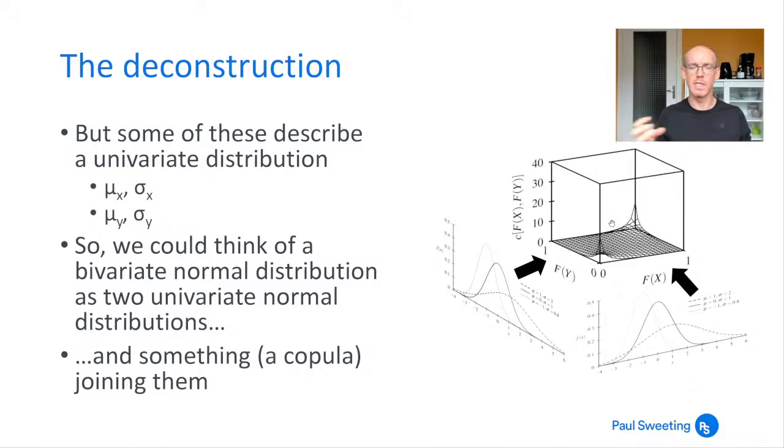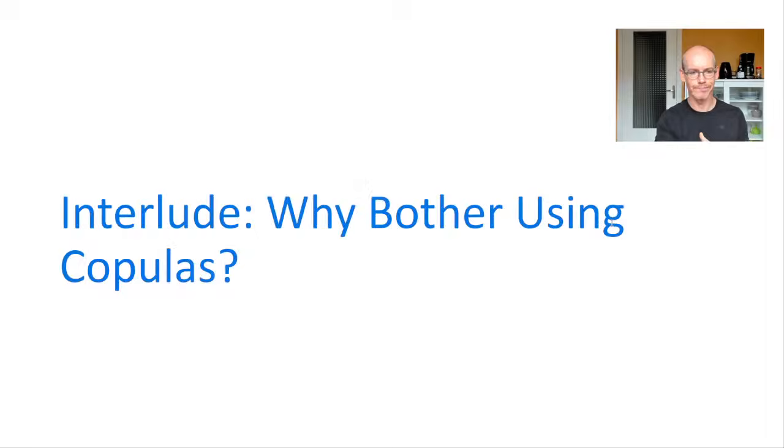So you can model them both independently, separately from this kind of joint distribution. Actually, you don't want to do that because the way they're linked is important. But you could think of a bivariate normal distribution as being two univariate normal distributions and something which joins them, and that something is a copula.